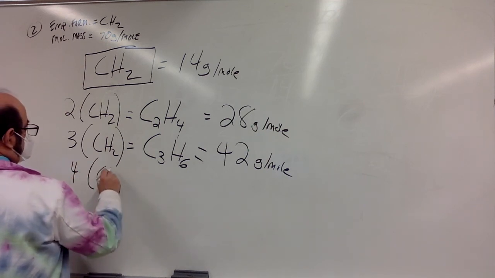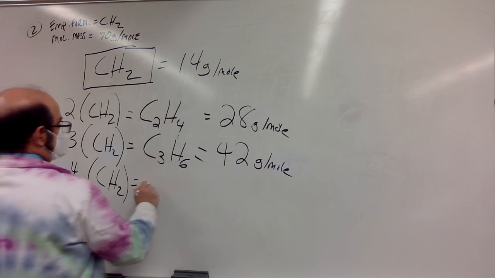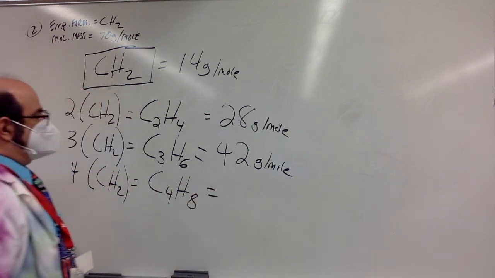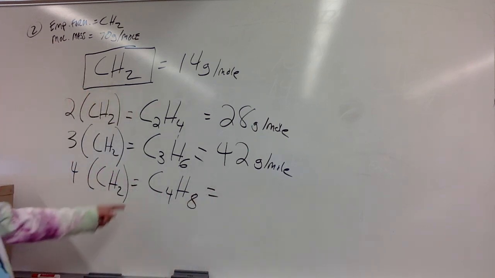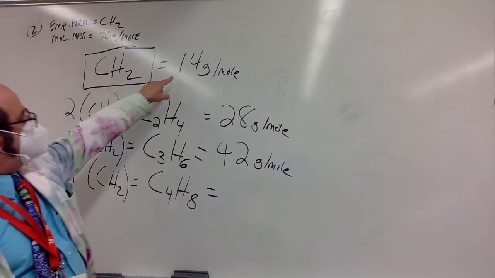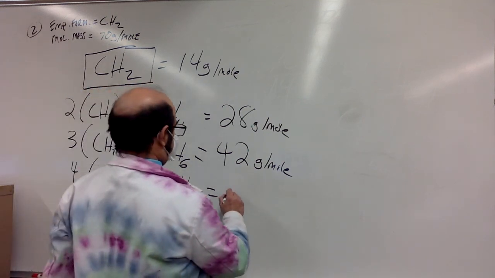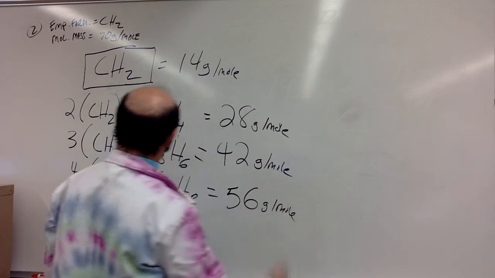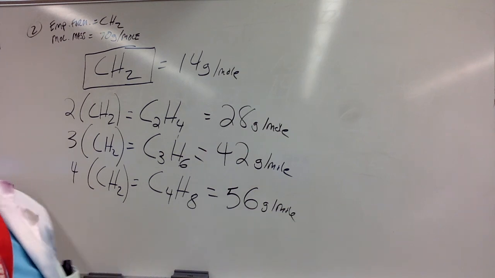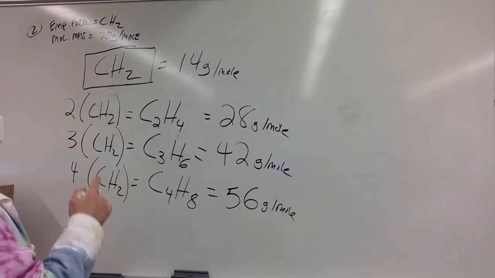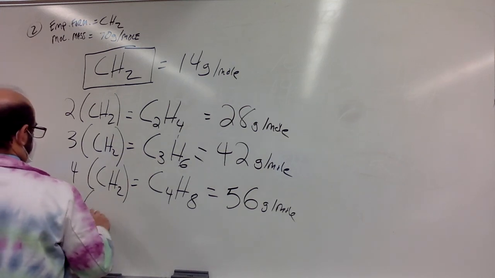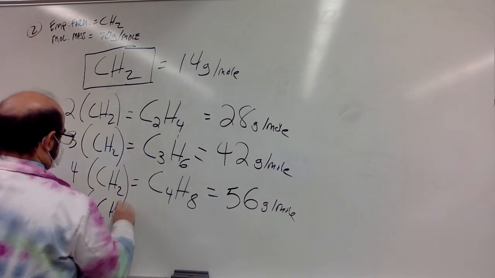4 times CH2 equals C4H8. And that, if you do the math, 4 times 14 gives us 56 grams per mole. And just to round it out, just for giggles, we're going to go get the 5th block, 5 times CH2.